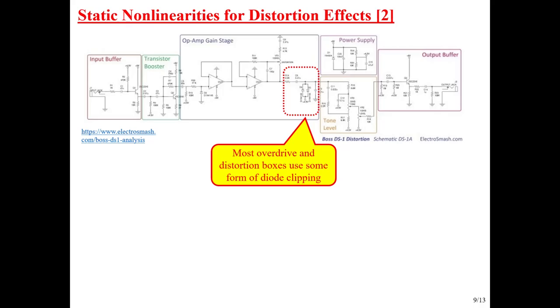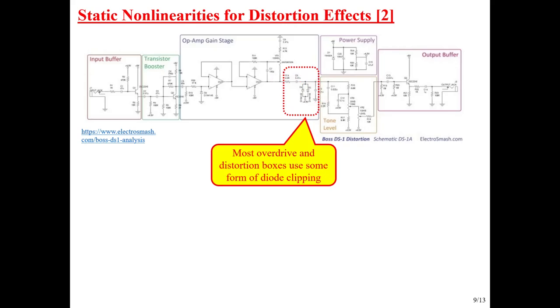Now let's turn our attention to static nonlinearities that might show up in distortion boxes. So overdrives, distortion, fuzz boxes, things like that. And I've already commented that right there is the heart of it. And here we see that there's an RC filter that kind of drives or precedes that diode clipper.